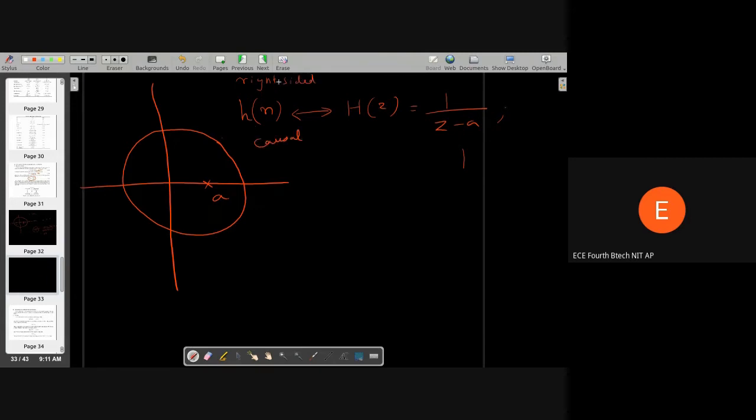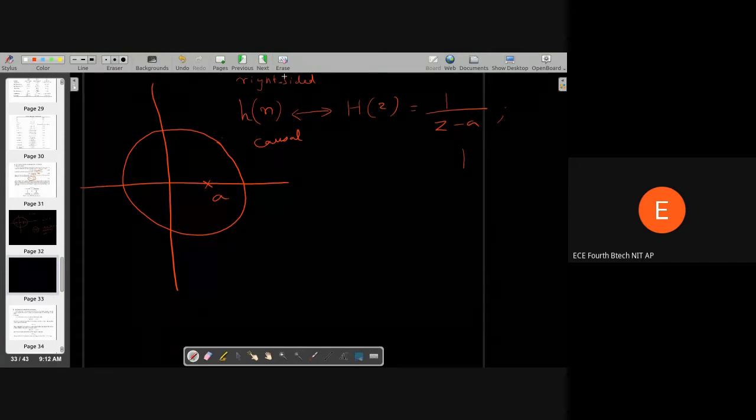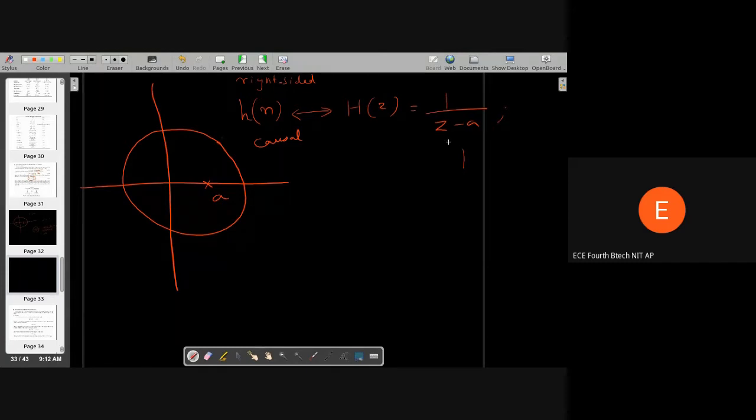Right-sided means also causal. Then it will result in a stable system because the ROC also includes the unit circle. If it includes the unit circle, you are guaranteed that it will result in a stable system.